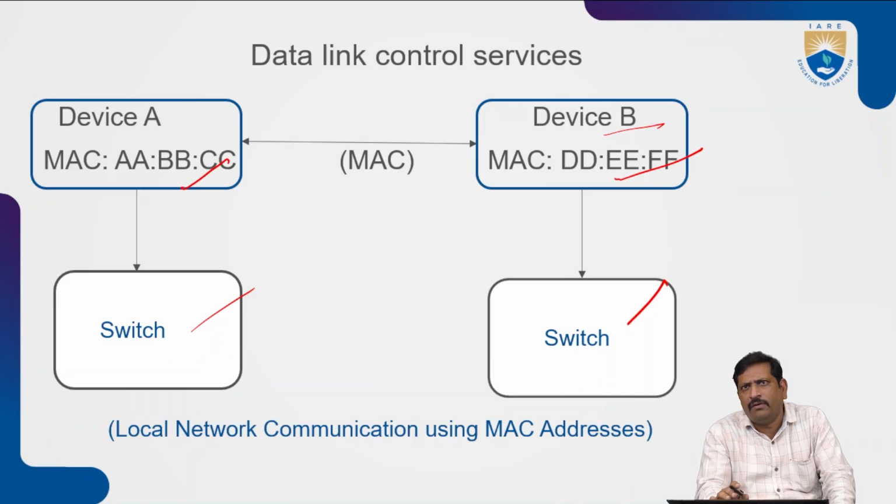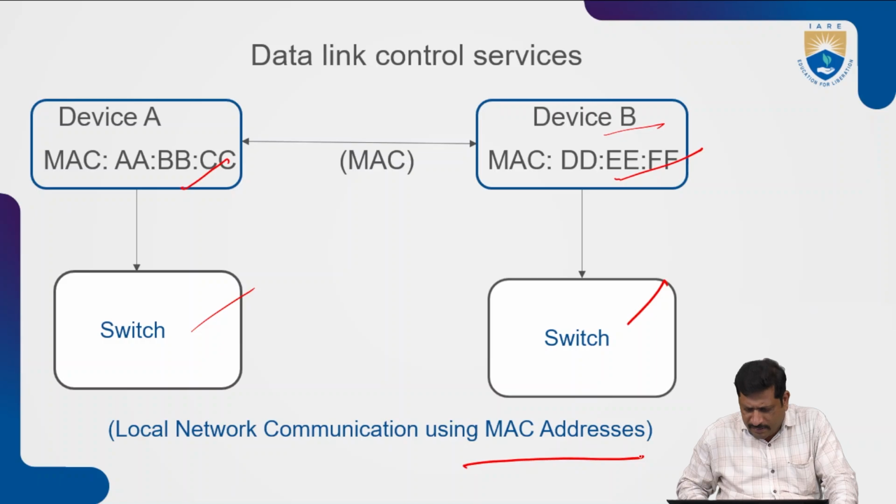With the help of the MAC address, we can identify the destination device, and by identifying it, the data transmission can be done. The data can be sent to the destination. That means it is local network communication using the MAC address.